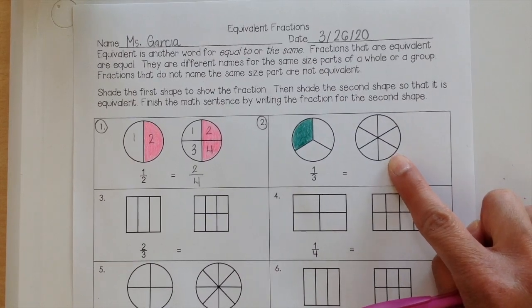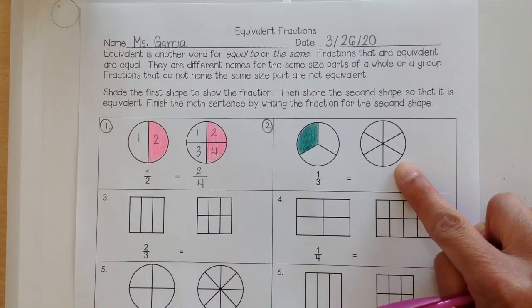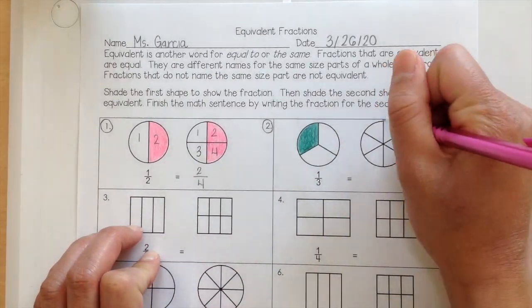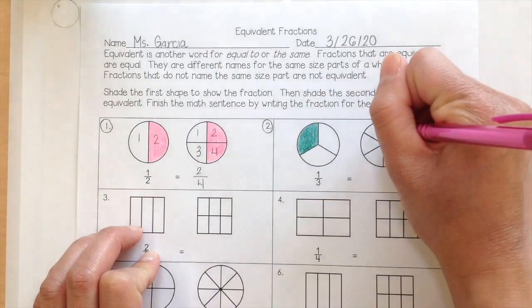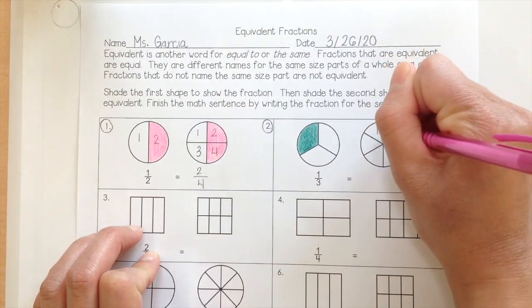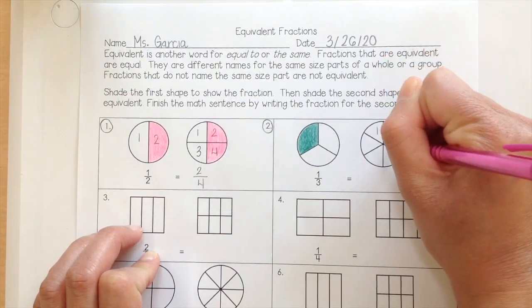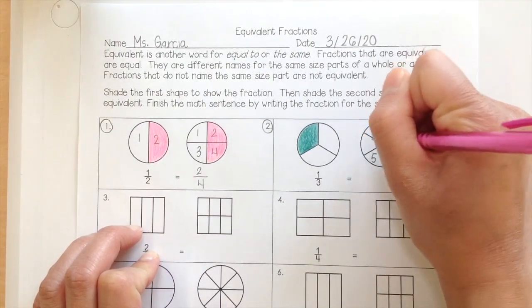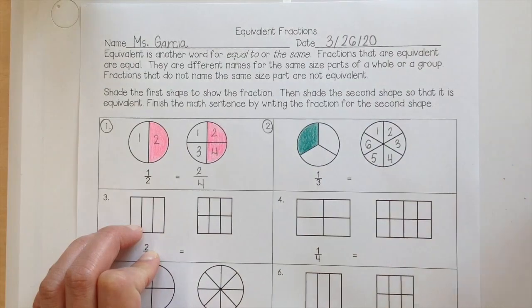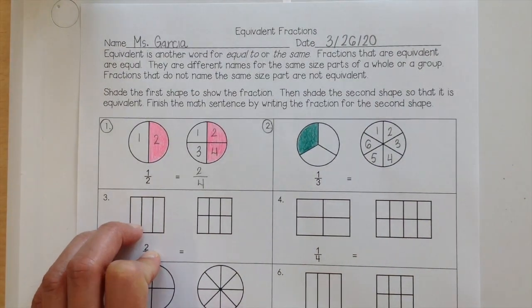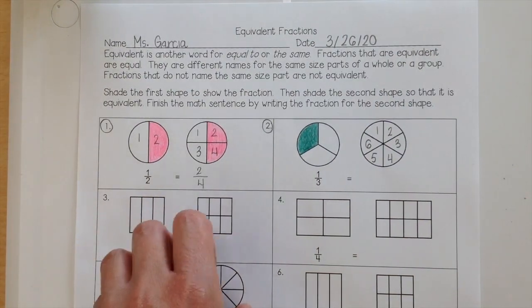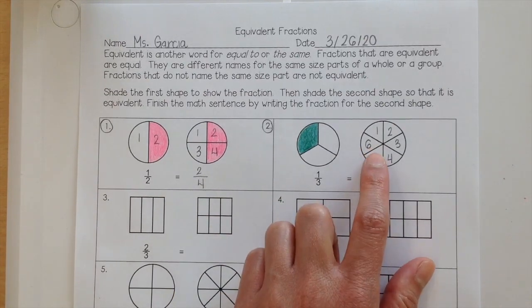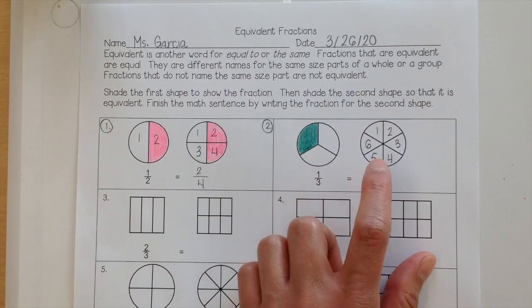Now I'm going to come over to my second circle, and this circle's got a lot more shares than the first one. So I'm just going to count though and say 1, 2, 3, 4, 5, 6. Okay. Now that I've done that, it's a little bit easier for me to see how I could correctly make this picture match this one.